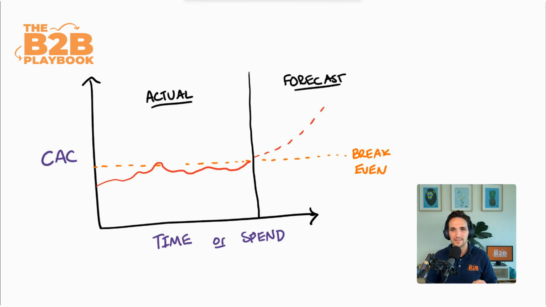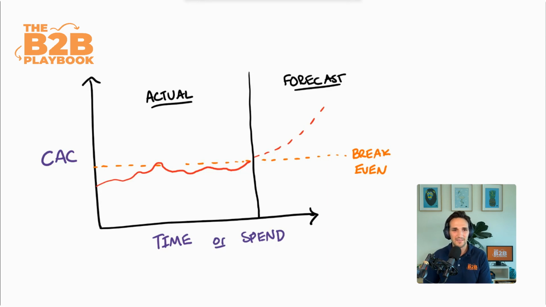You can get signals and data from whatever platforms you're running, be it Google Ads or Meta, where you can actually forecast, Kevin, if we spend more money and bid on these other, perhaps more generic terms, our cost per click is going to be this, our cost per impression is going to be this, and our cost per lead and cost per opportunity is probably going to go up along with that.